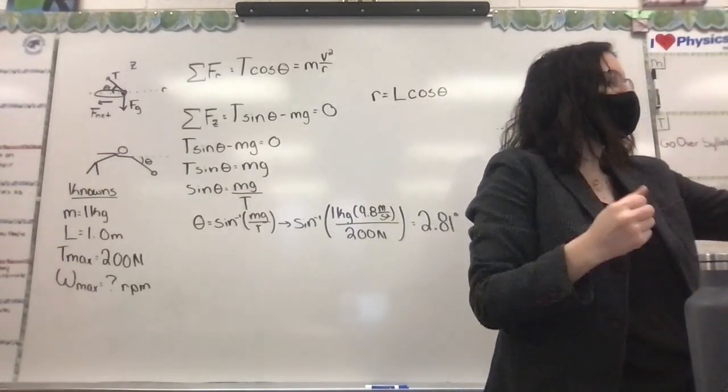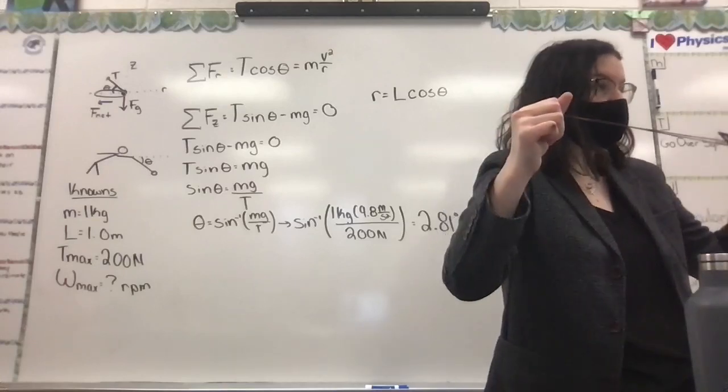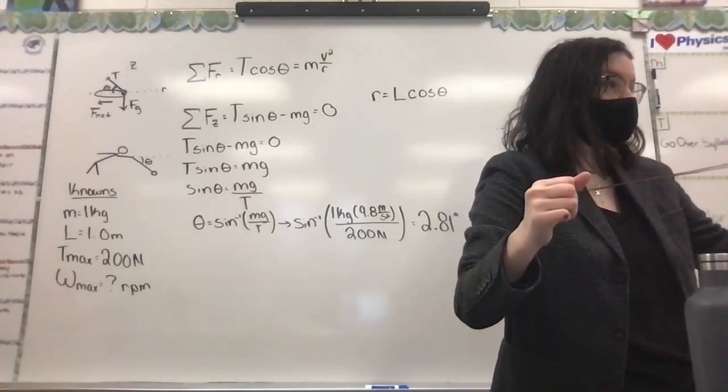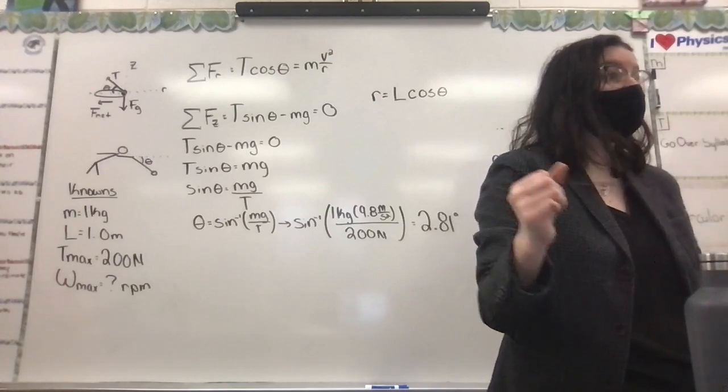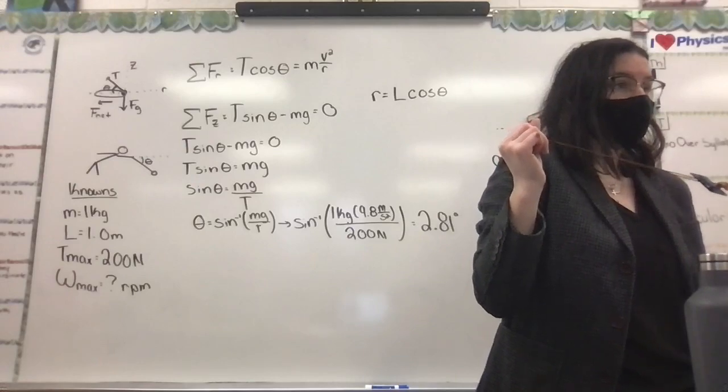So the circle that my keys are traveling around is not the length of this. It's going to be slightly different. So this is back to the cosine sine thing.